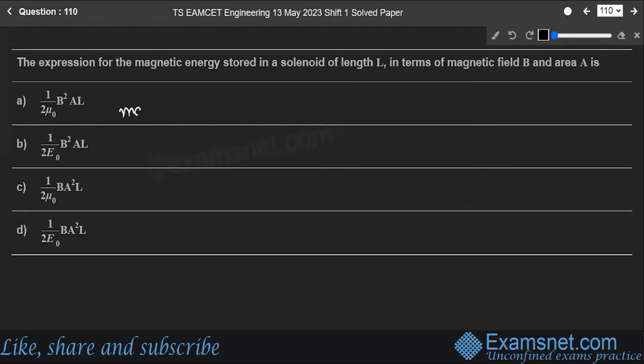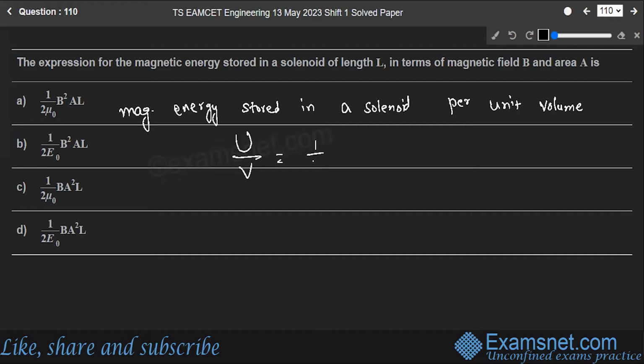So we know that magnetic energy stored in a solenoid per unit volume is given by U upon V is equal to 1 upon 2 into B square upon mu naught, where mu naught is the permeability of free space. And you will have U is equal to half into B square into V upon mu naught.